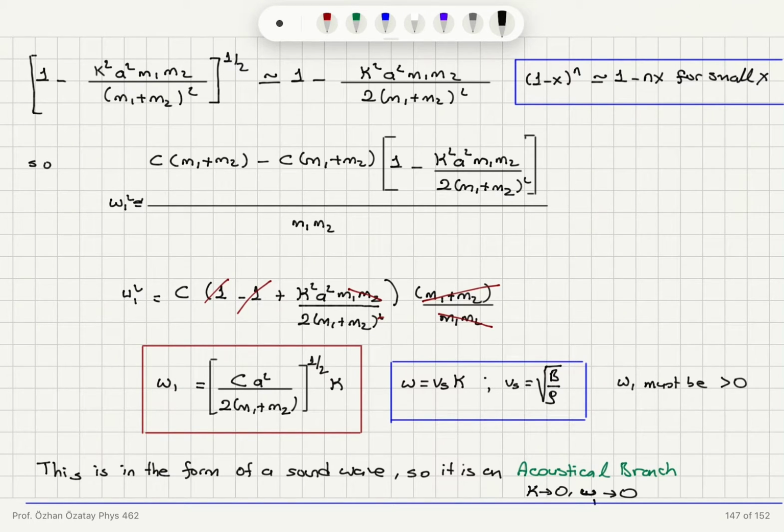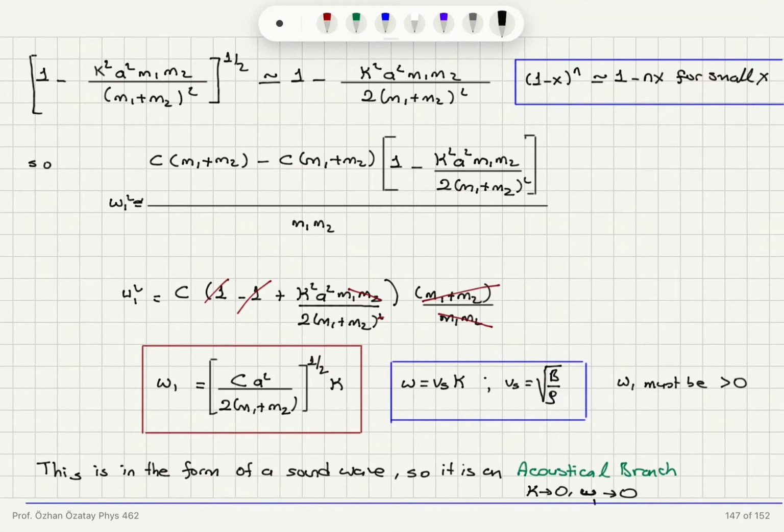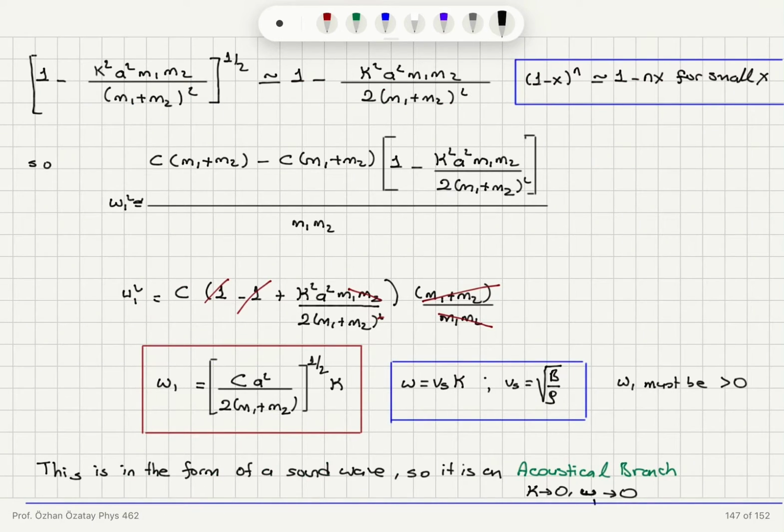Since it's in the form of a sound wave, it is called an acoustical branch. As k goes to 0, omega goes to 0, which tells me that it is an acoustical branch. Now if I take the positive root, so instead of the minus in C (m1 plus m2) minus C (m1 plus m2), I would have a plus.